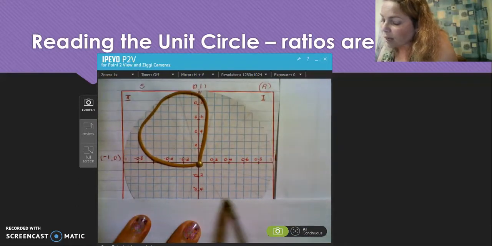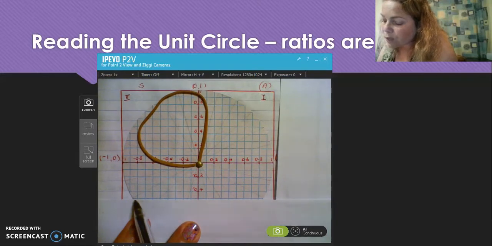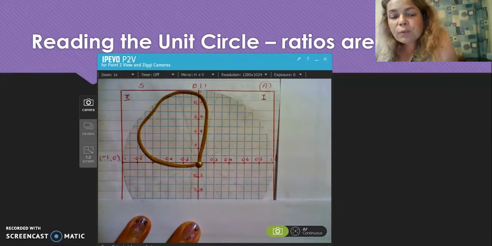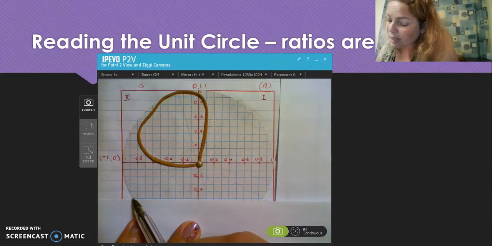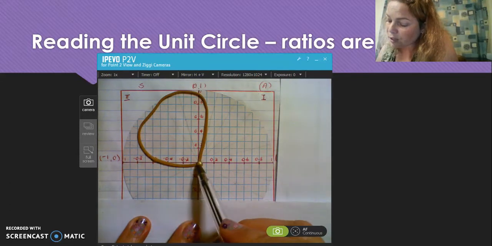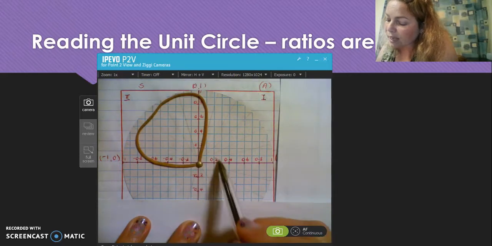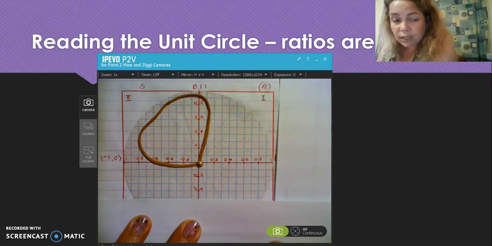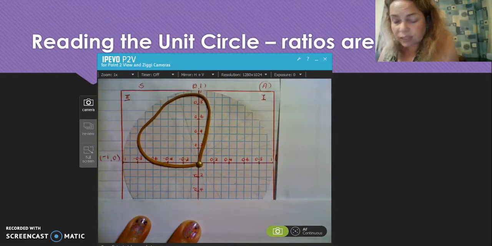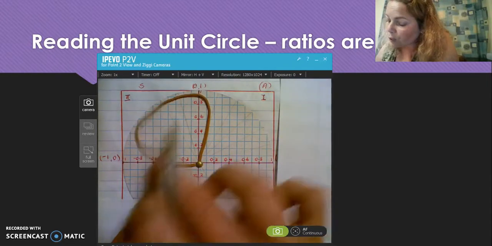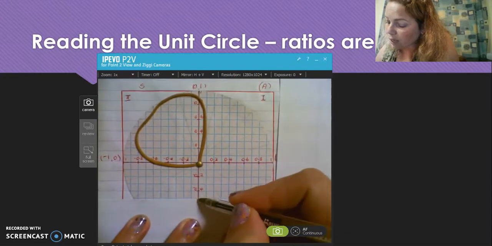Now where our line hits the circumference of our circle, that will give us the angle. We then track that back to our origin, and that will give us what that angle actually is. So we've got sine of negative a half.